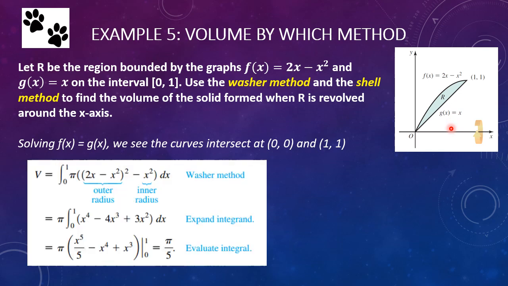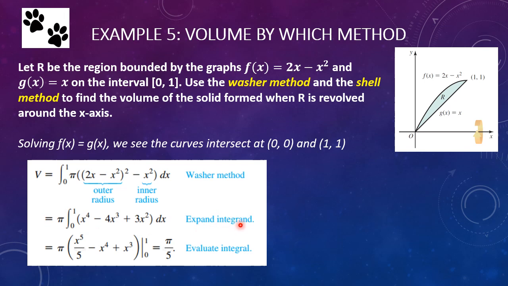And so here we have the washer method, and it's pretty straightforward, again, pi r squared. Of course, with the washer, you're subtracting out the area of the hole, pi r squared of the hole, which is the smaller version.